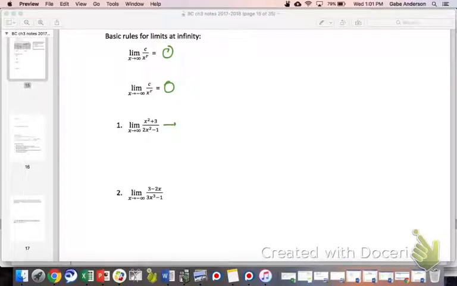So that's just an arrow. Okay, and then the denominator, gosh, infinity squared is infinity, times 2 is infinity, and what's minus 1 going to do? Not a whole lot. It's going to be infinity again. Huh, that's interesting. I'm getting way ahead of myself here, but this allows us to use L'Hopital's rule.